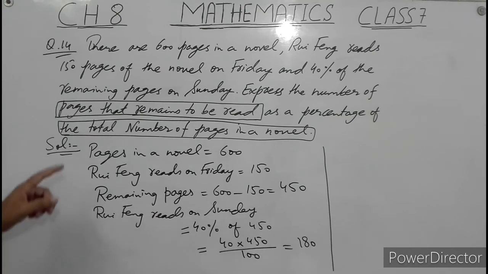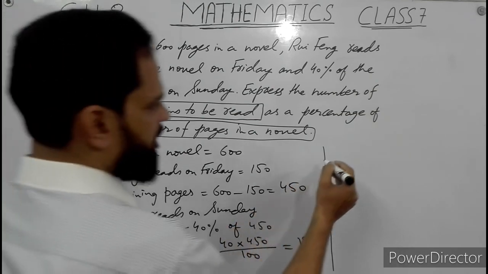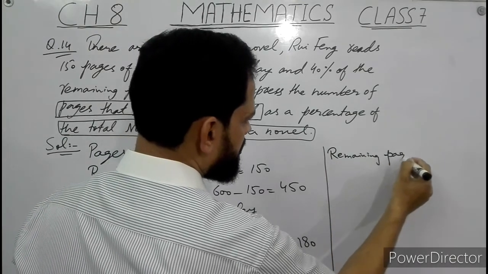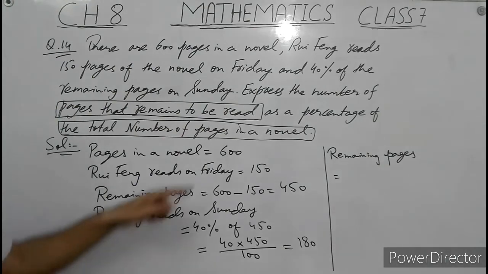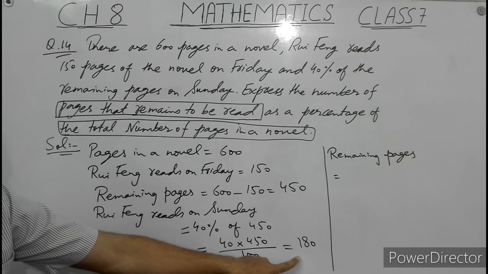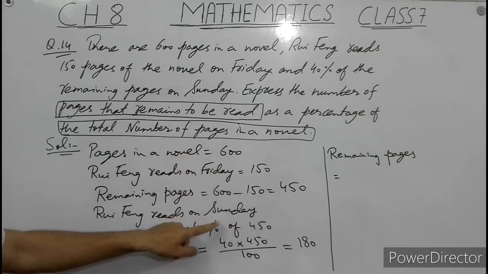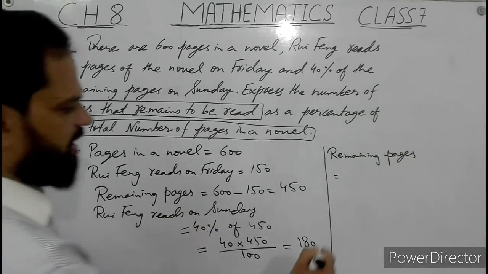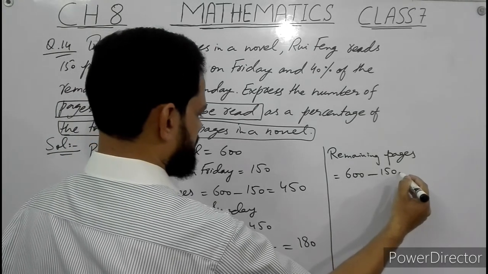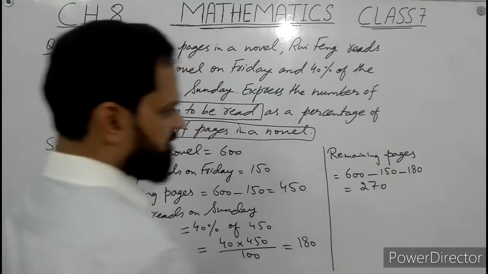Now again, remaining pages: total pages 600 minus 150 minus 180, that is, 600 minus pages read on Friday minus pages read on Sunday. We will get the remaining pages, 270.